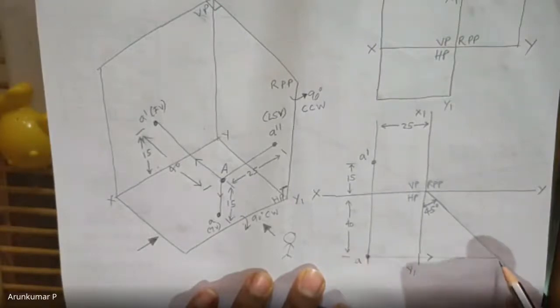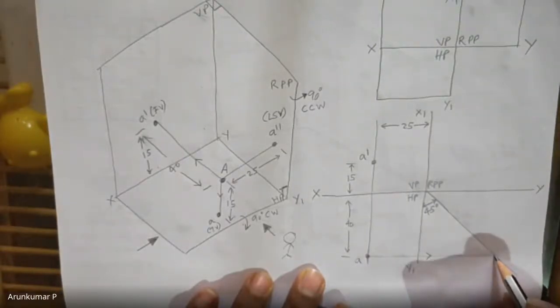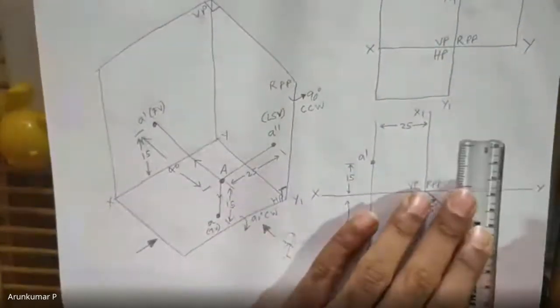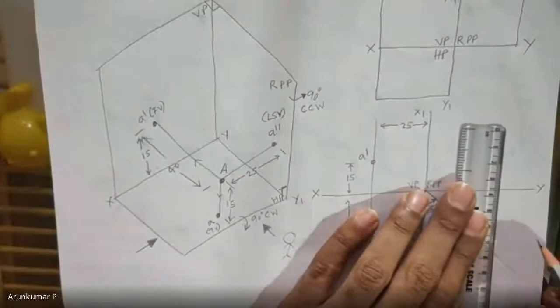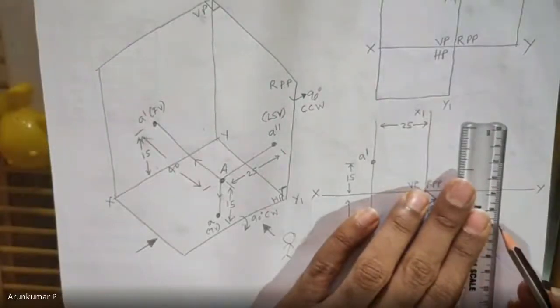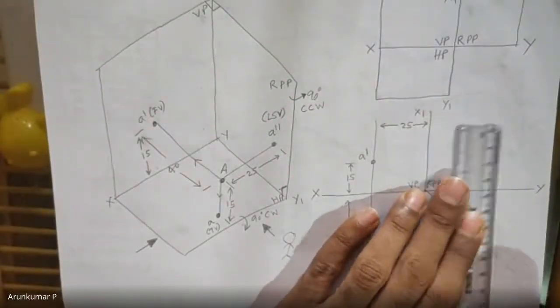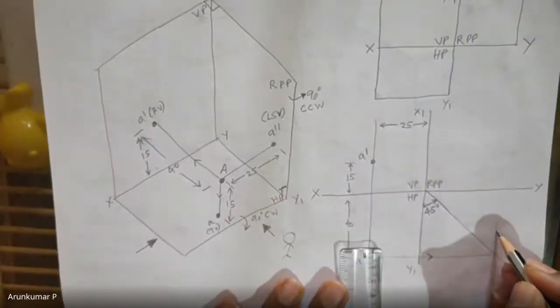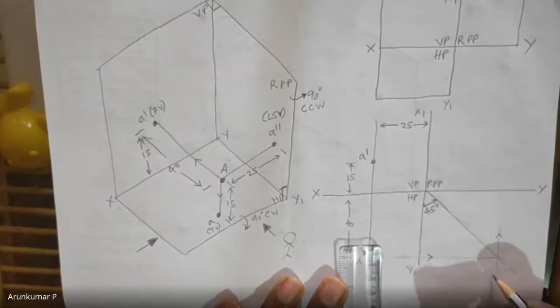Now at the point of intersection, you have to decide whether you should go up or down. These are the two options that you have, upward or downward.